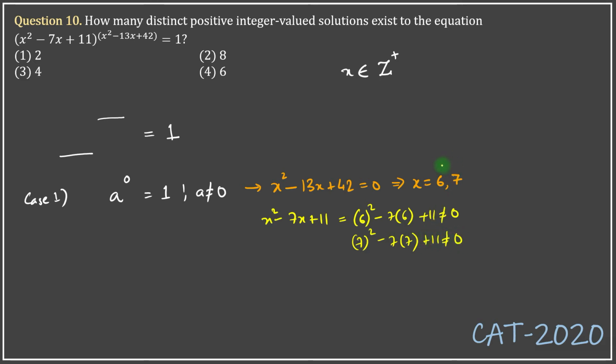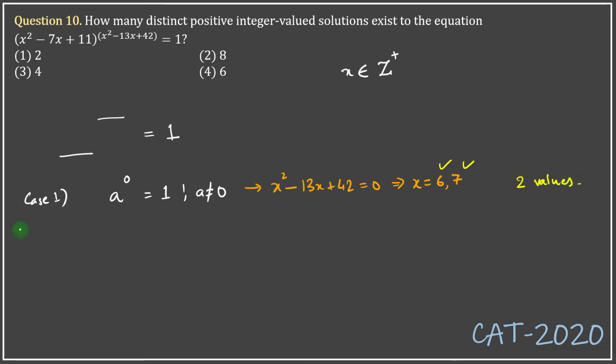So both these cases are acceptable, because the base is not 0 in either of the cases. We still need to check whether they are positive integers, which was given in the question. But then of course 6 and 7 are positive integers, so acceptable solutions. So in the first case I get 2 values.